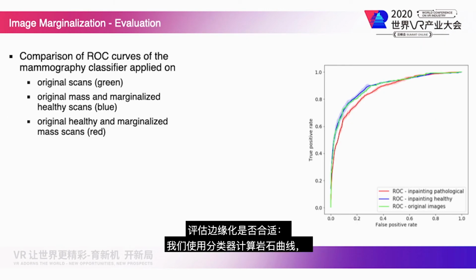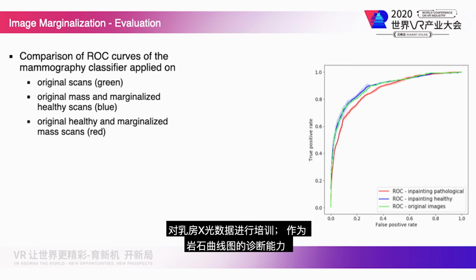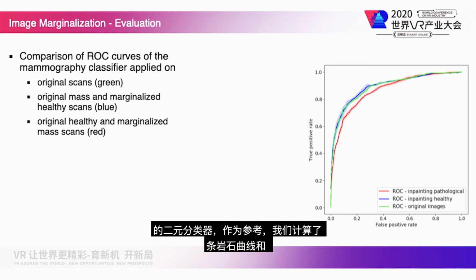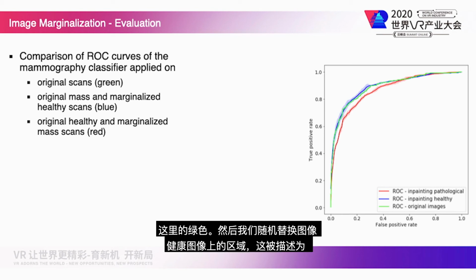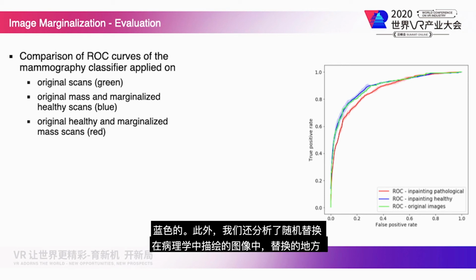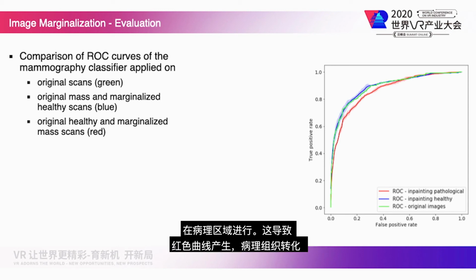To evaluate the suitability of the marginalization, we computed ROC curves using the classifier trained on the public mammography data. The ROC curve plots the diagnostic ability of the binary classifier. For reference, we computed the original classifier's ROC curve, which you see here in green. We then randomly replaced image regions on healthy images, which is depicted in blue. Moreover, we analyzed random replacements in pathology-depicting images where replacements were made at pathological regions.